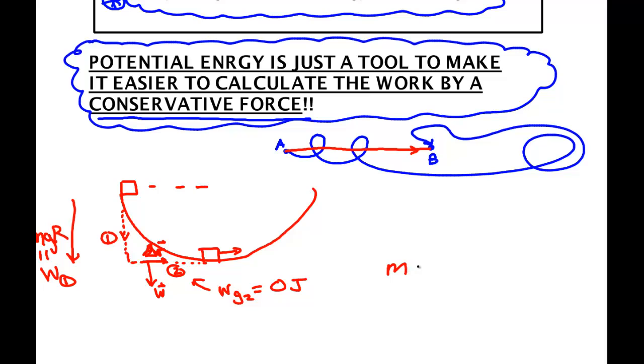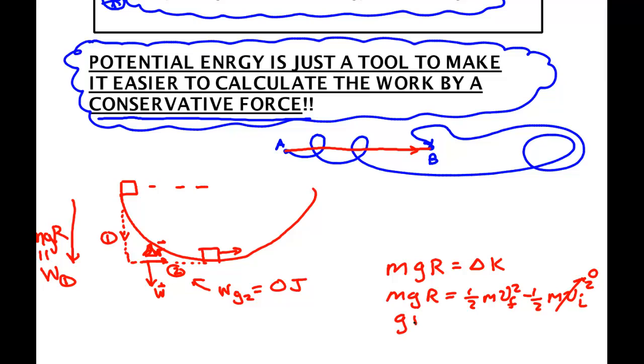So we'd be able to say, hey, mgr is equal to delta K. mgr is equal to 1/2 m v final squared minus 1/2 m v initial squared, but it started at 0.